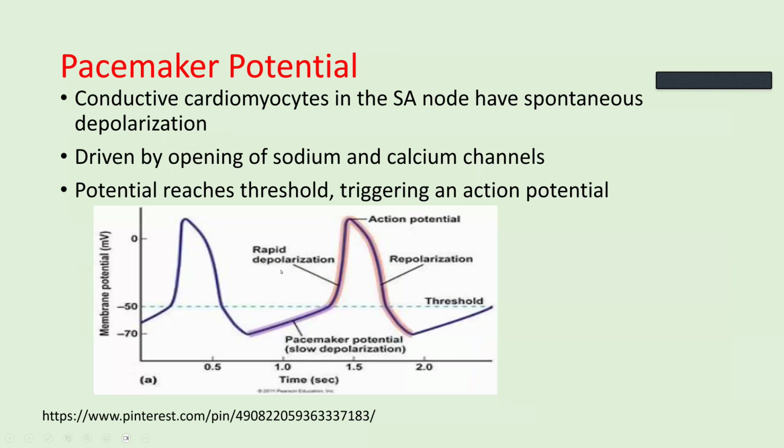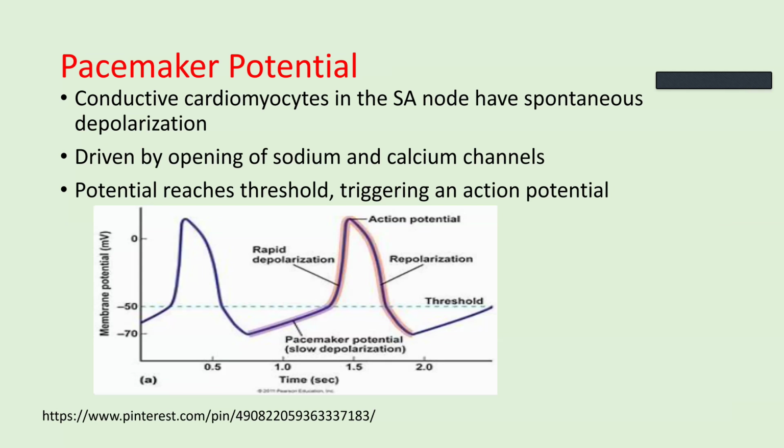Now, moving on, we're going to talk about pacemaker potential. For pacemaker potential, it is the conductive cardiomyocytes in the SA node. They have the ability to spontaneously depolarize, generating pacemaker potential.